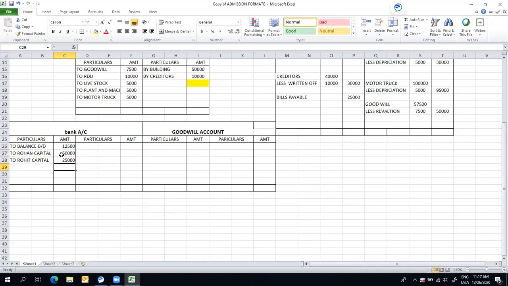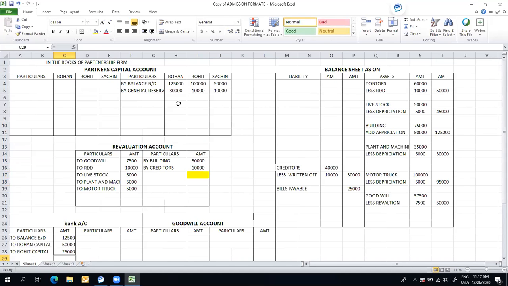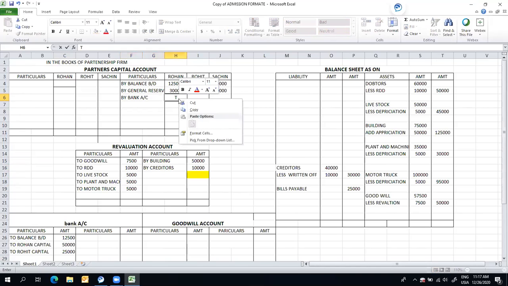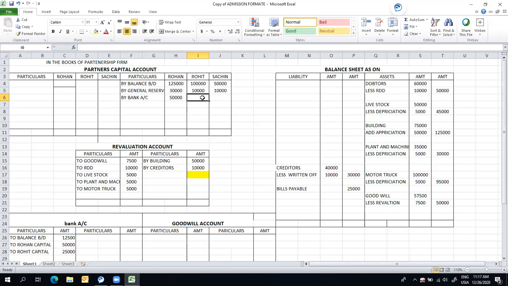Okay. And the second effect will hit your partners' capital account by bank. Rohan 50,000 and Rohit 25,000.